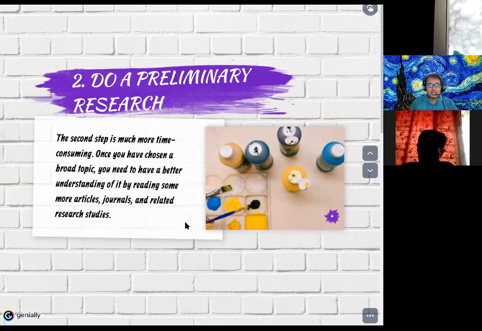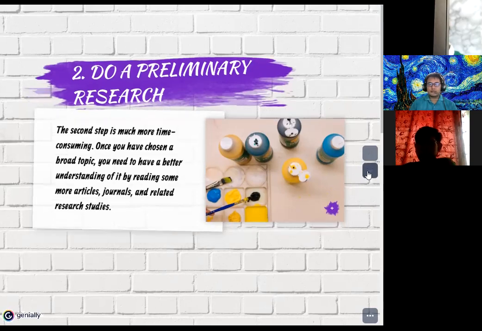Para umpisa pa lang, if sa tingin mo it lacks information or it lacks data, you can still change your topic. So we are doing a preliminary research para malaman natin how feasible your chosen topic is. So medyo nagkakaroon na tayo ng path, narrow down na natin.